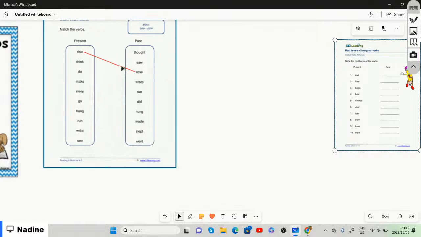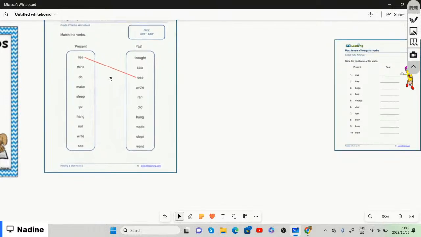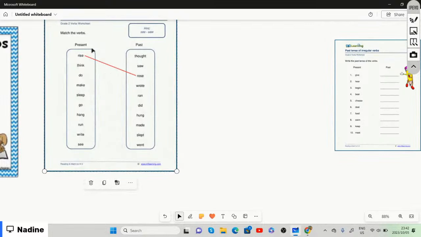All right, so now we're going to have to match the verbs, which are here in the present, with the verbs in the past. So we're going to match the verb in the present with the match in the past. And as we can see, rise is already done for us. So in the present you rise, and in the past, I rose.